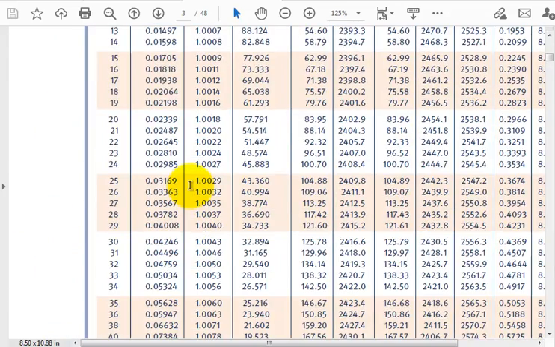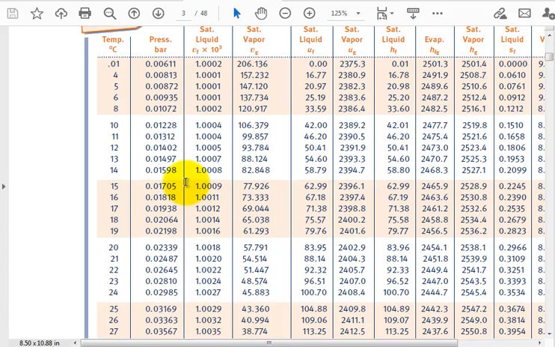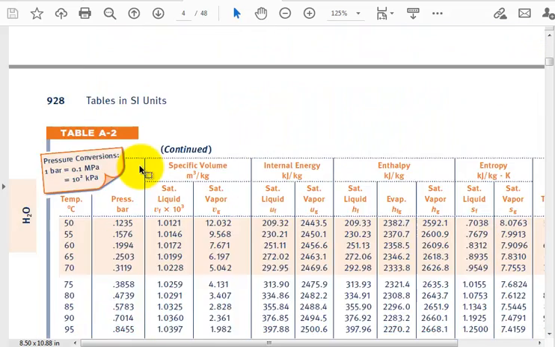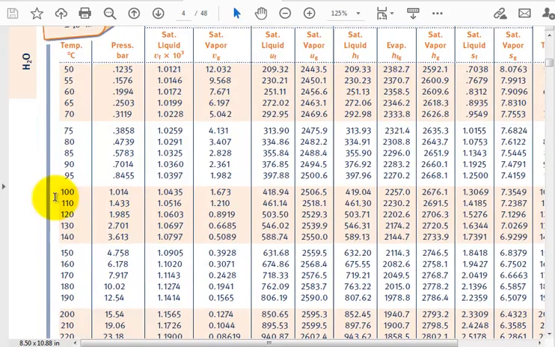That's temperature again, the first column, pressure in bar. So we'll scroll down. We know the boiling point of water at 1 atm is 100 degrees C. And so it says the saturation pressure in bar is 1.014 bar.